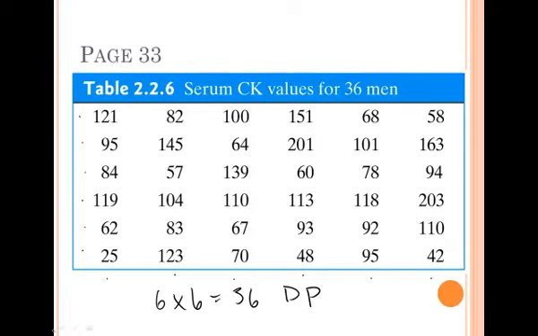So first of all, what is the maximum value of this entire list? Take a quick look, see if you can figure out what the maximum value is. Is it 203? Let's double check that that's correct. Looks like it is. Now look to see what the smallest value is in the list.